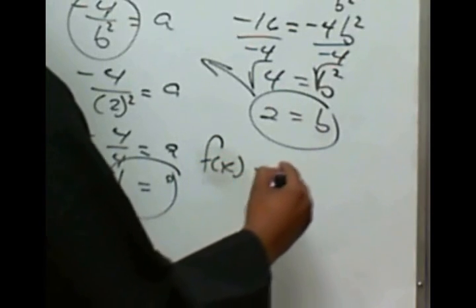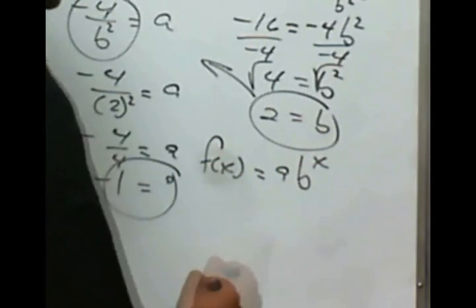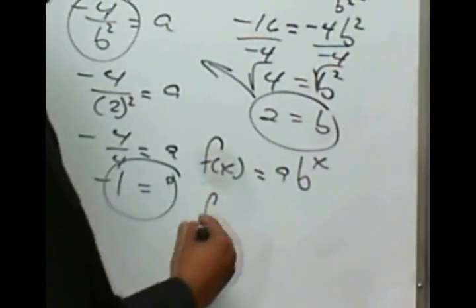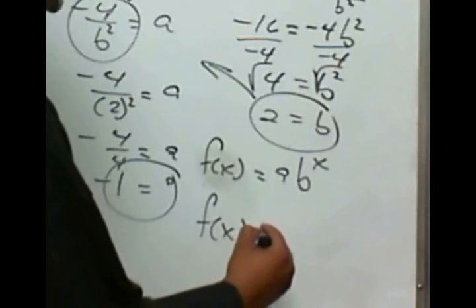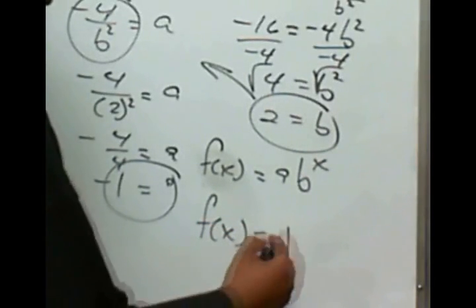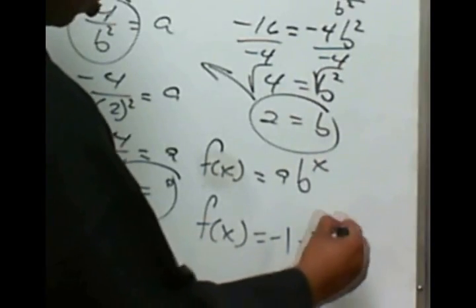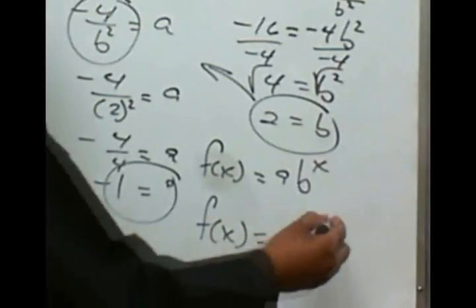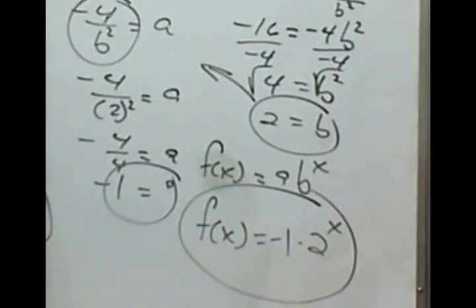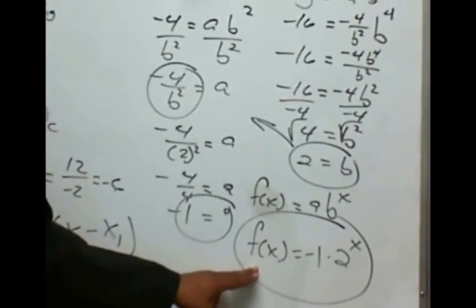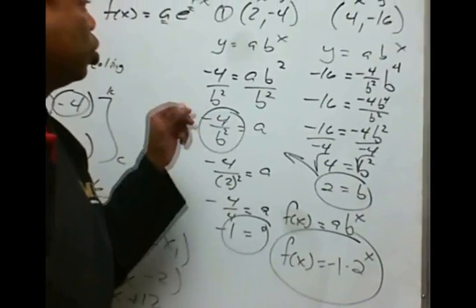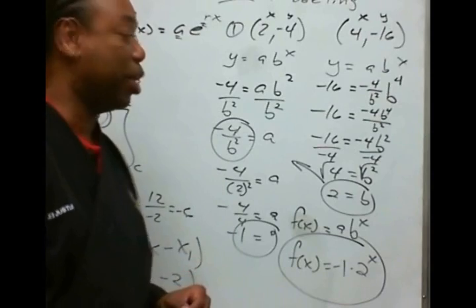F of x equals a b to the x. And for this model, the a will be -1, the b will be 2 raised to the x power. And this models a function that includes the points 2, -4, and 4, -16.